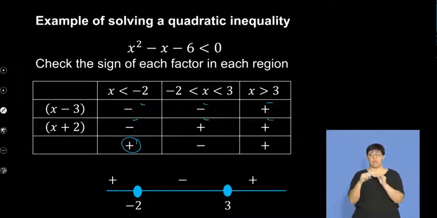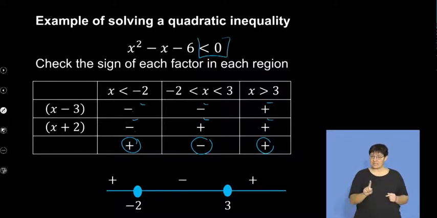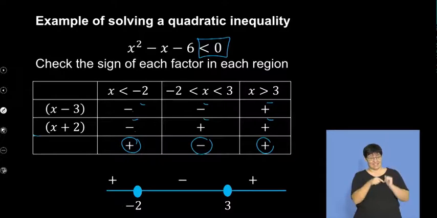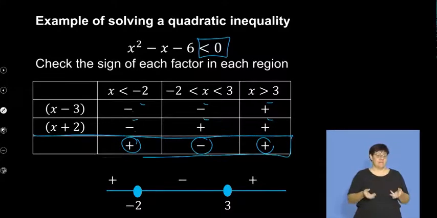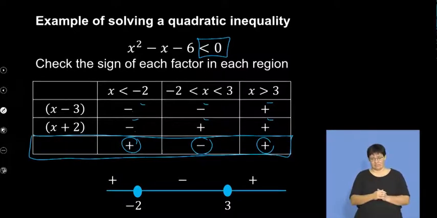Negative by positive gives me a negative, and then positive by positive gives me a positive. But where do we want our solution? We want our solution to be a negative, meaning less than 0. So on this last part here, whatever gives me a negative will then be my solution for this inequality.